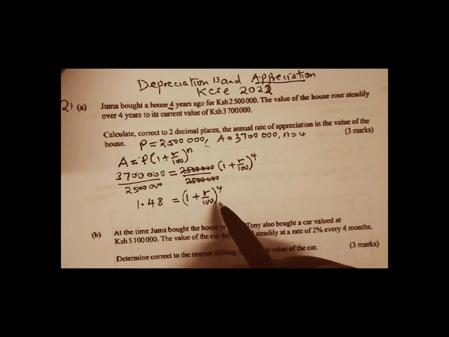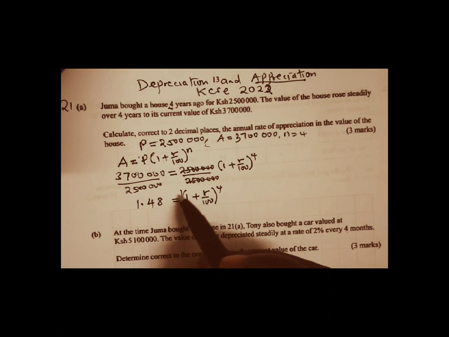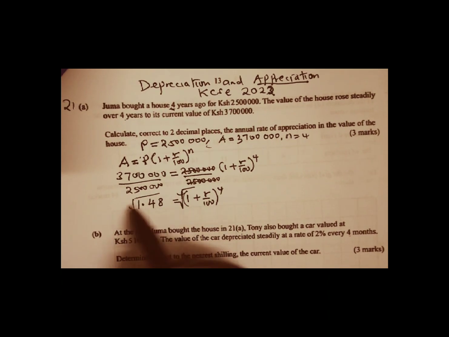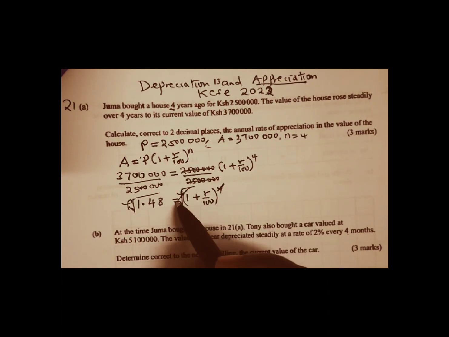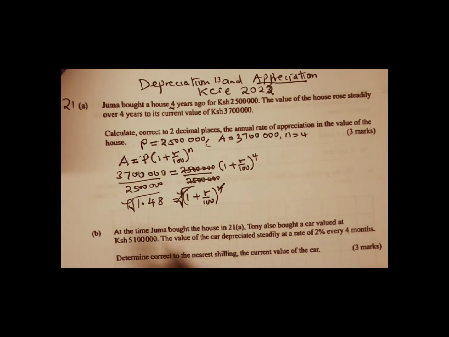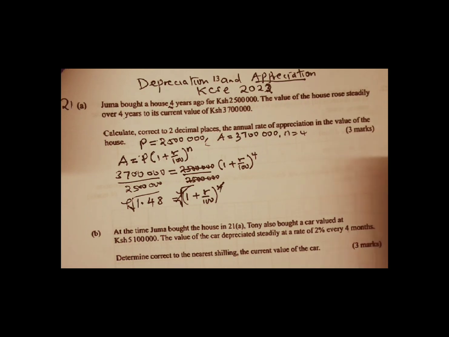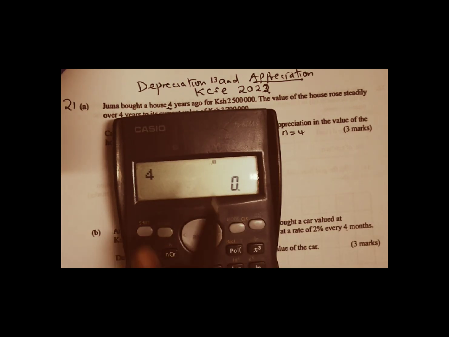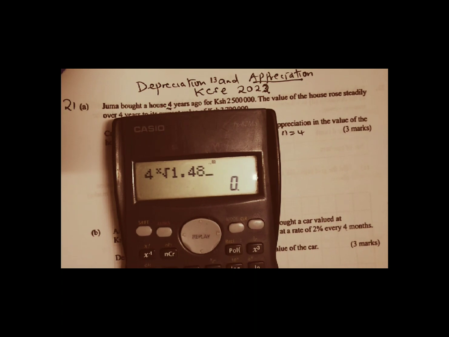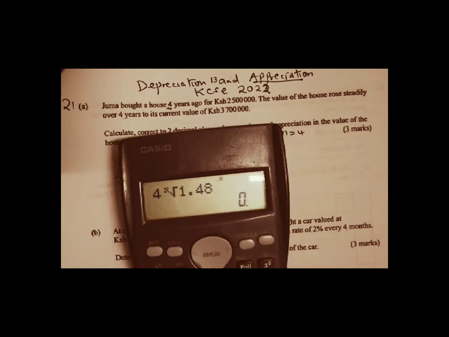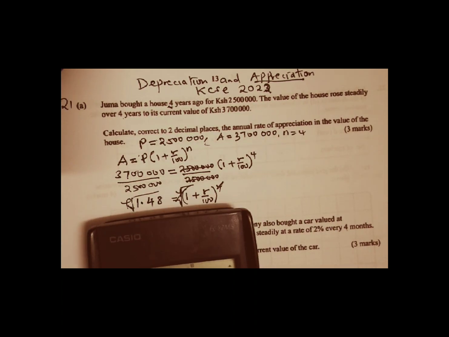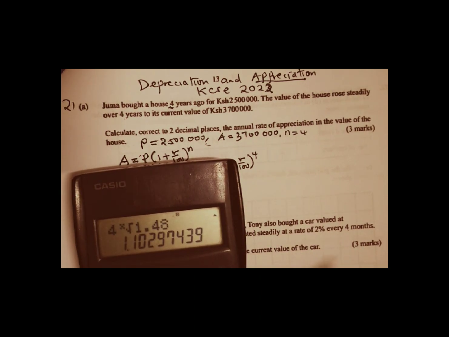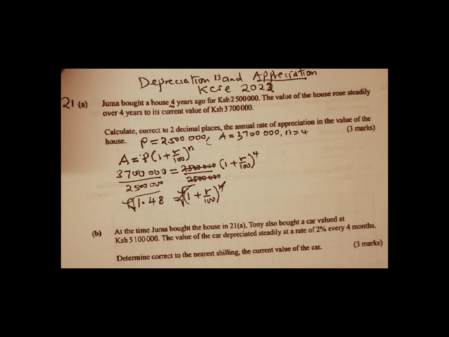In this case, we proceed by getting the fourth root on both sides. The 4 and the fourth root cancel, such that we have the fourth root of 1.48. To get the fourth root, we press 4, the shift button, then the raise button, then 1.48, and the fourth root of 1.48 will give us 1.103.